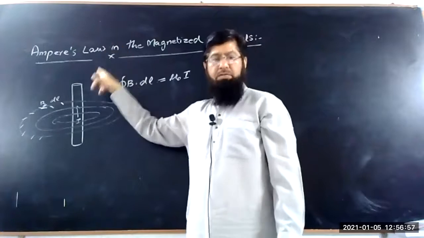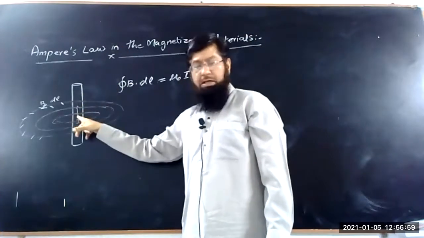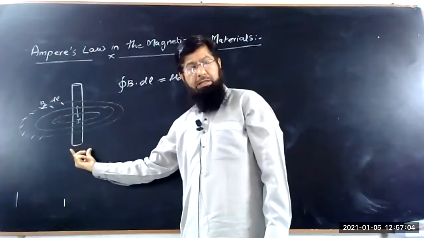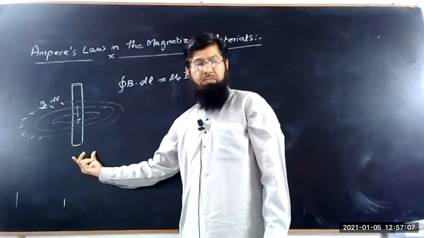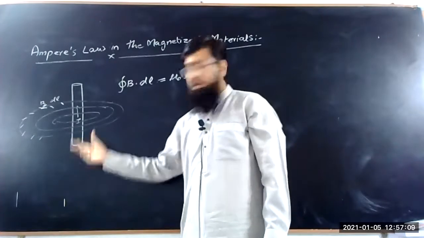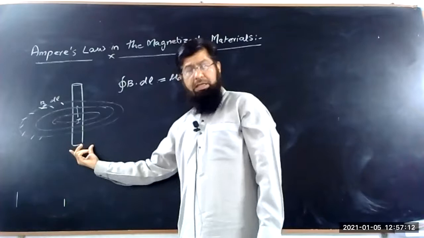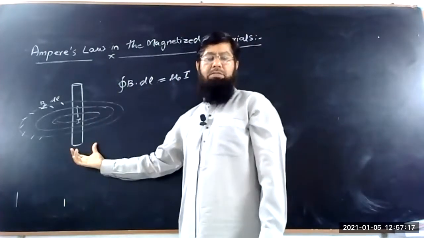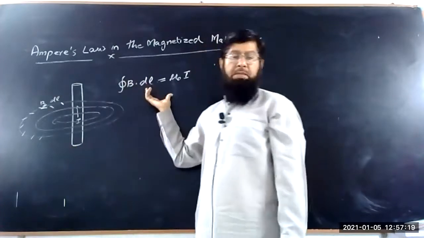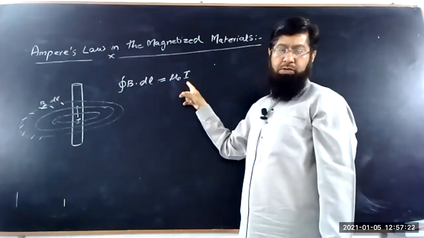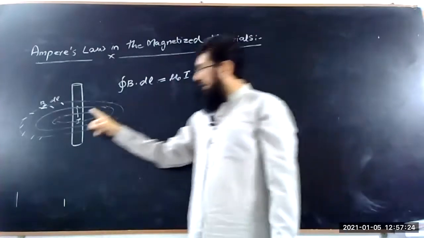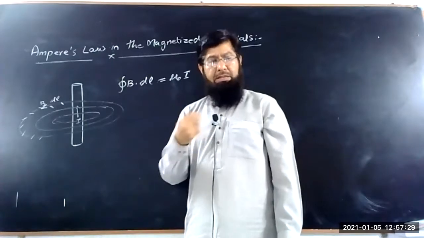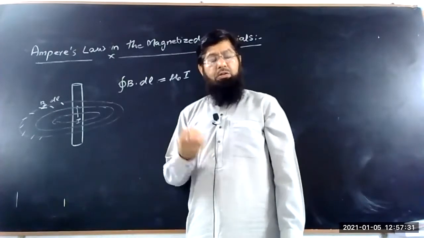Now we have to look at the case where the material in which the current is flowing is not an ordinary material, but a material which can be magnetized. If this material is magnetized, how will Ampere's law change? This is the general Ampere's law, where I is the current flowing through it. If the wire is a magnetized wire, there are two types of charges.